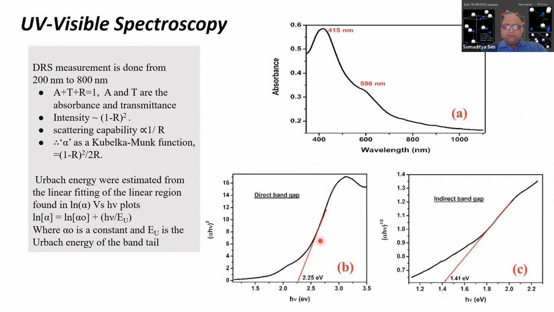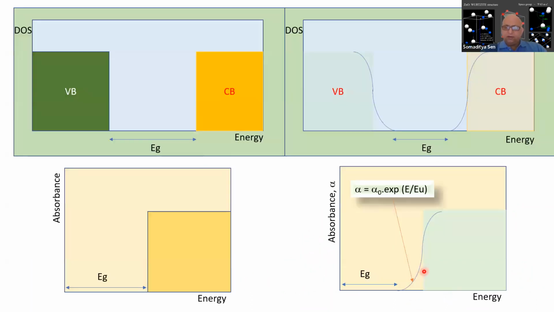From the linear part of this graph, where the absorption data is falling, we extrapolate, and then we get the value of the band gap. So wherever this line comes down is the band gap. And this part is representing the exponential nature of the graph that I described here.